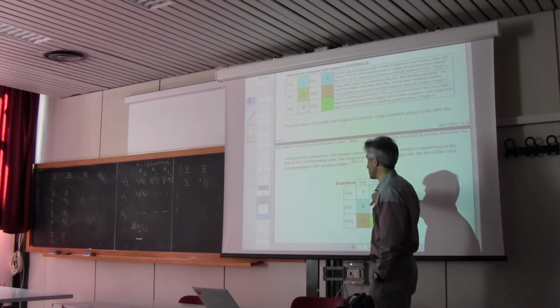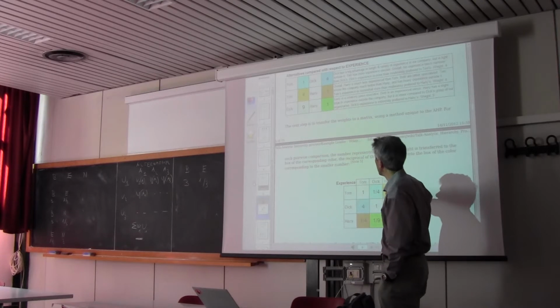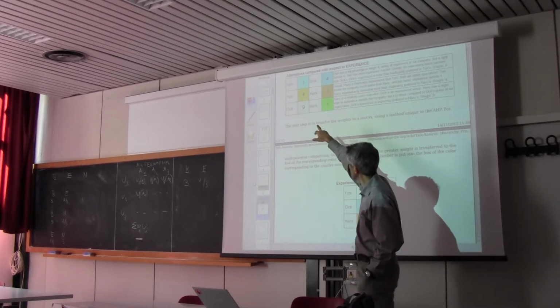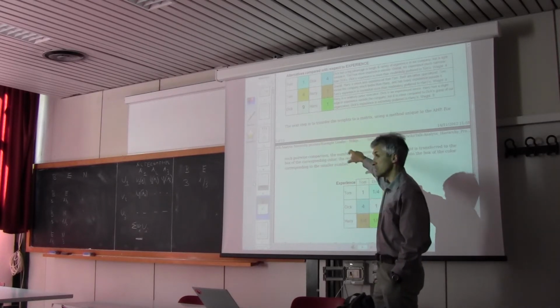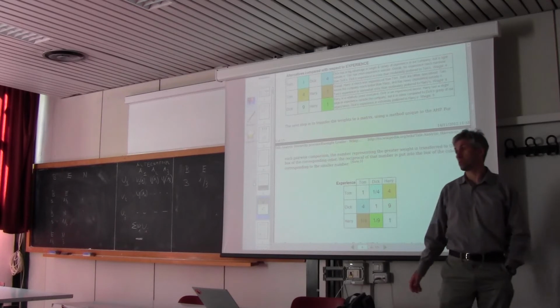Tom with respect to Dick is 1/4, and Tom with respect to Harry is 4, because you see that in the second row Tom with respect to Harry is extremely important.